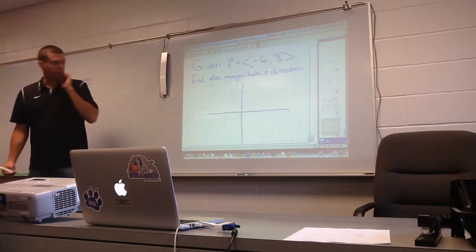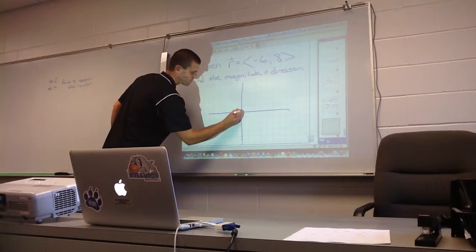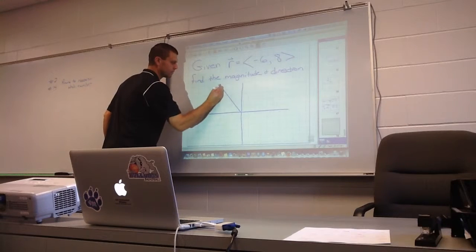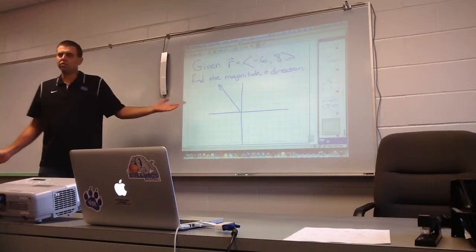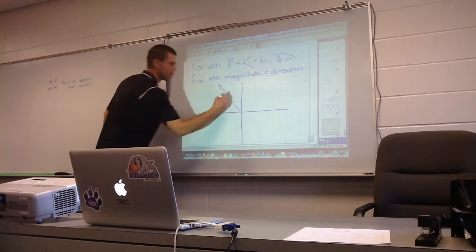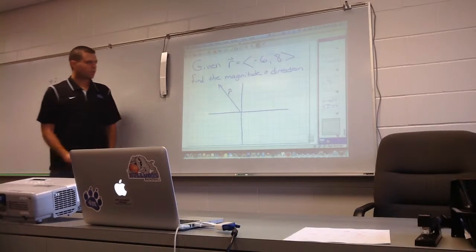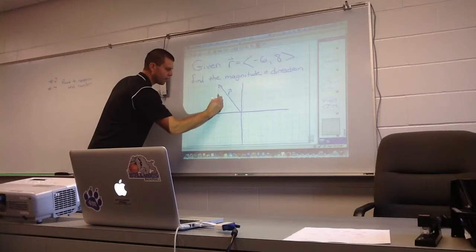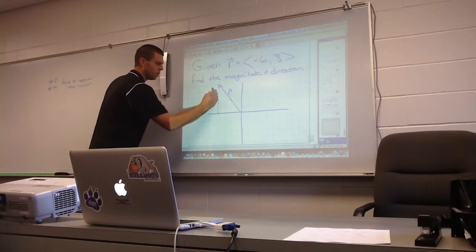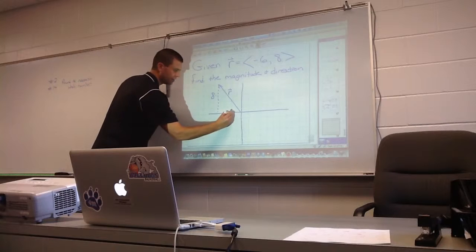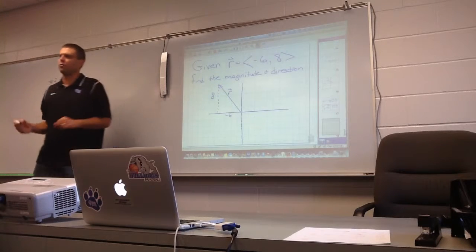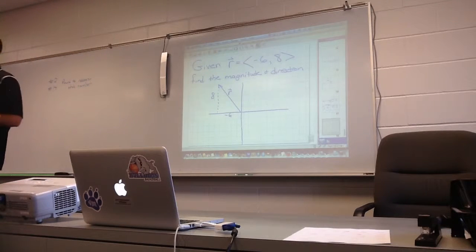In the second quadrant, right? So here's our vector r. If you make a right triangle, you know that this is 8, this is -6 or 6, however you want to do it.